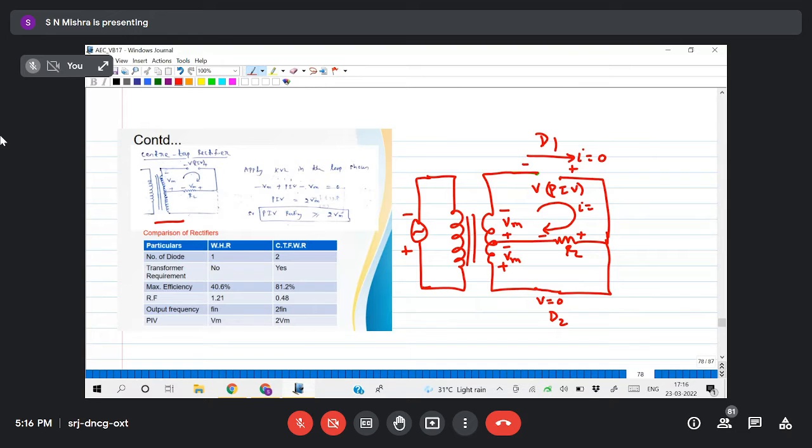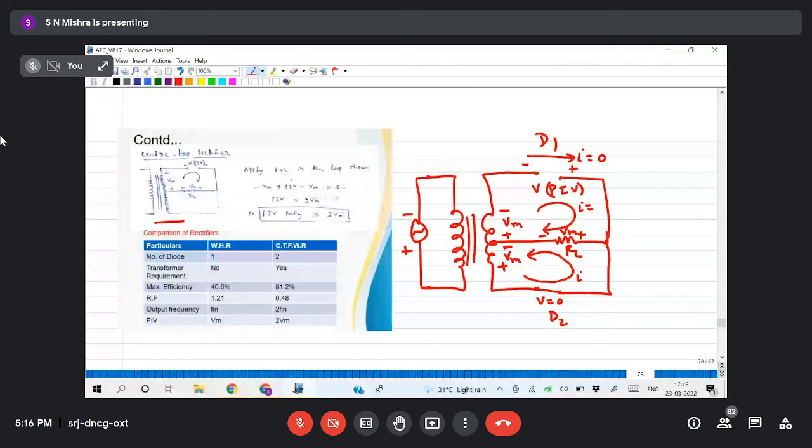But at the same time, current will flow in the lower loop because it is short circuited. So I'll get current through RL, and if I consider D2 ideal, there will be no voltage drop. So the voltage we apply at the input will be dropped across RL.